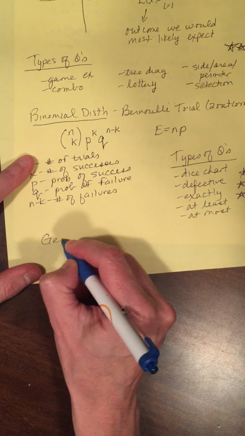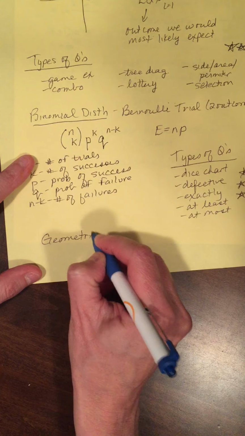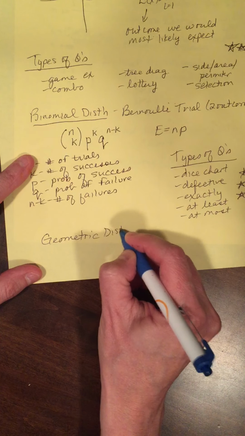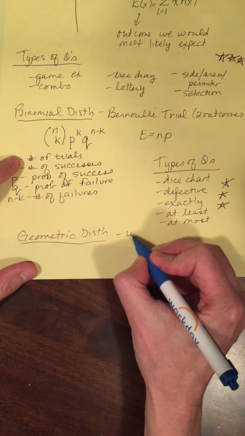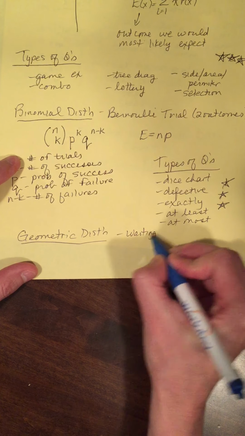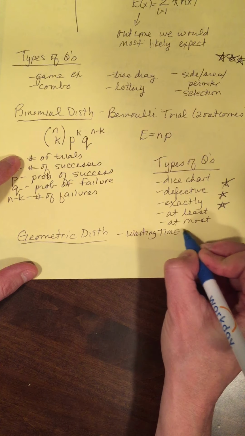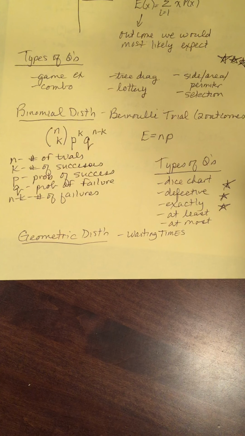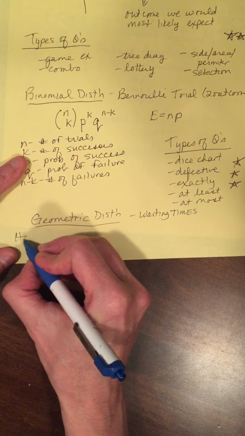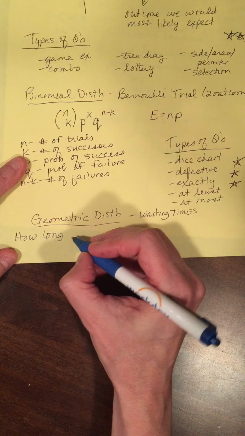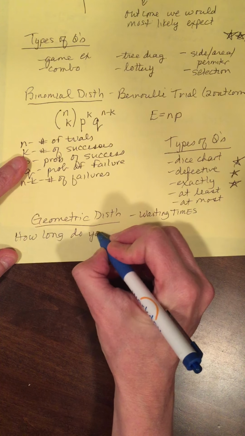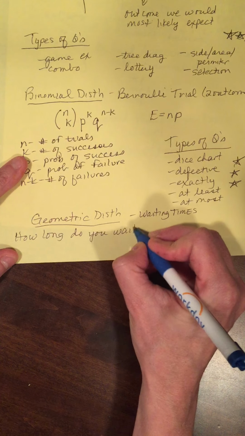Next topic was a geometric distribution. And remember, I called geometric distributions waiting times. And the idea with the geometric is how long do you wait for a success?